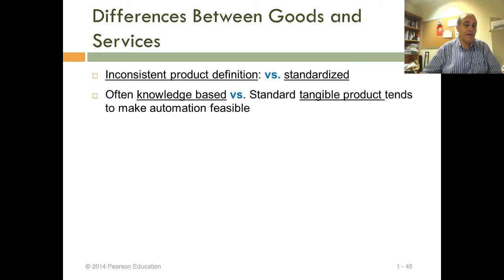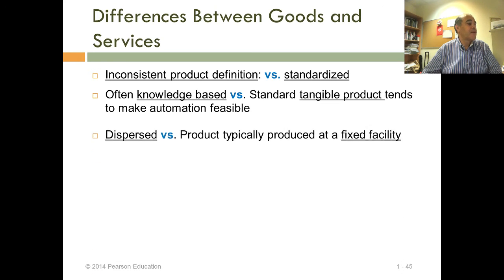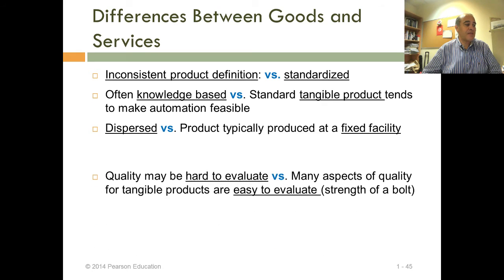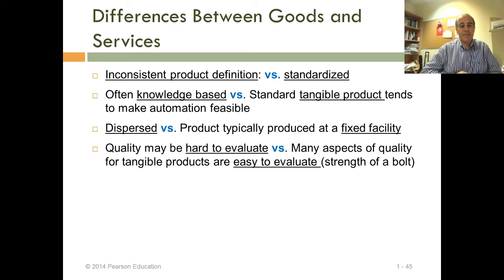Often services are knowledge based, while standard tangible products make automation feasible. Services are dispersed, versus products typically produced at a fixed facility. And quality might be hard to evaluate when it comes to services, while for products, most of those quality characteristics are tangible and therefore easier to evaluate.